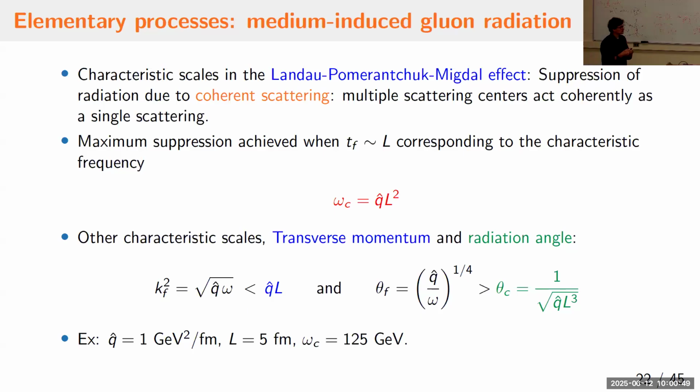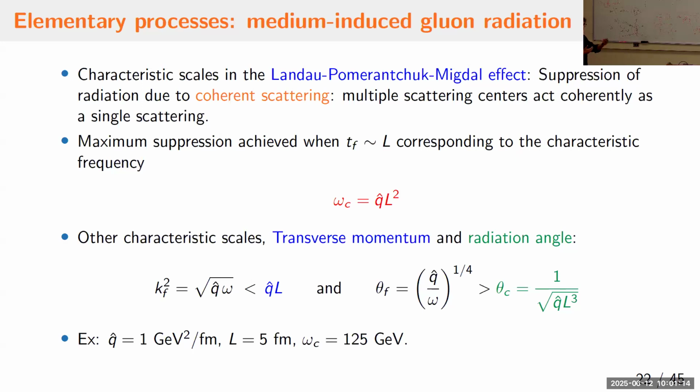So in other words, the naive calculation of saying that the radiation intensity should be proportional to the number of scattering centers is wrong. The radiation is suppressed compared to that naive expectation. In fact, it's not proportional. And this suppression is called the LPM suppression. It's the Landau-Pomeranchuk-Migdal effect, which is observed also in QED.